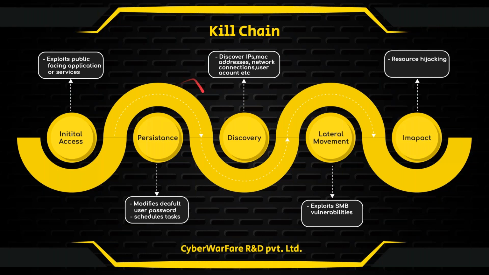After getting persistence, they are discovering a lot of information from the system, like IPs, MAC addresses, and different connections happening in the system. They were also able to get the different user accounts, local and domain. It has discovered many different things, which we are going to analyze in the malware when we jump into the lab.